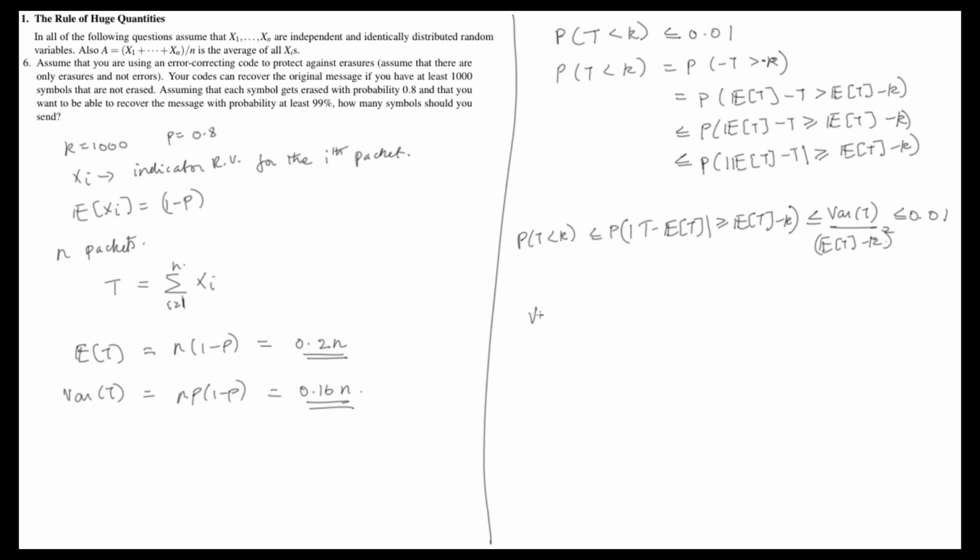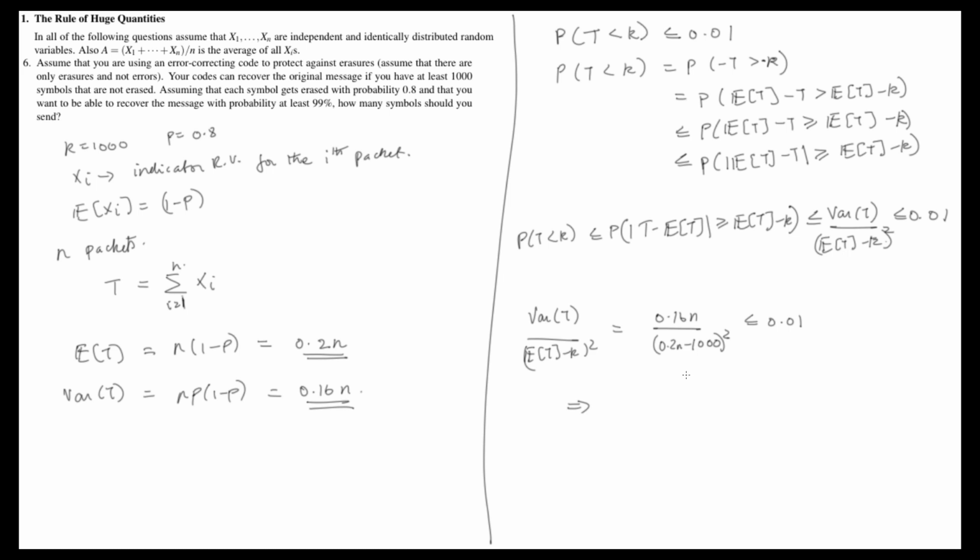So we have variance of T divided by expectation of T minus k the whole squared, which is 0.16n divided by 0.2n minus 1000 the whole squared, less than or equal to 0.01, right?